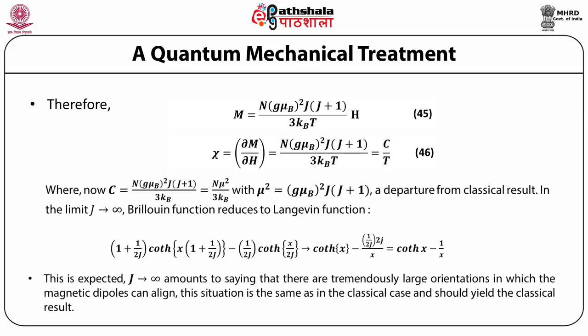This is expected. J approaching infinity amounts to saying that there are tremendously large orientations in which the magnetic dipoles can align. This situation is the same as in the classical case and should yield the classical result.